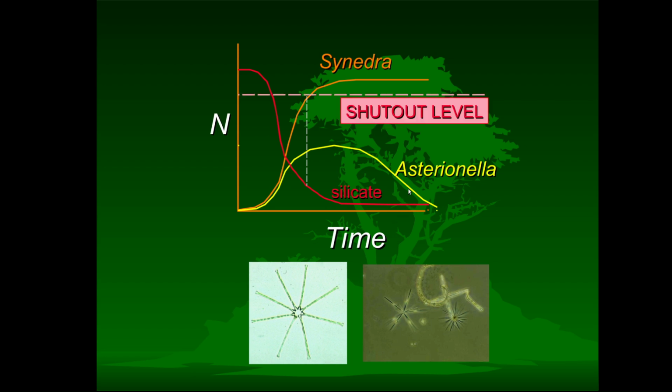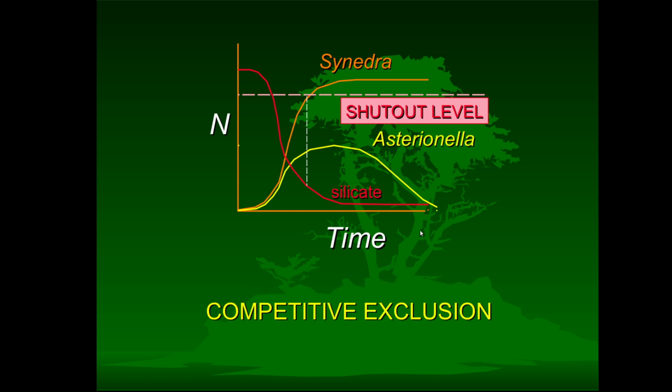All right, so growing together, we can see again that this is the shutout level of Synedra, it reaches this density, and the silicate level is low enough that Asterionella then starts to have negative growth. So this is competitive exclusion, the outcome of the struggle for existence while supported by a single limiting resource, silicate.